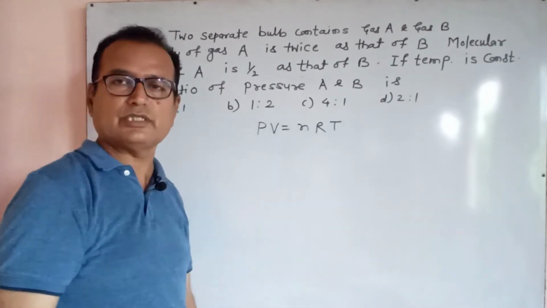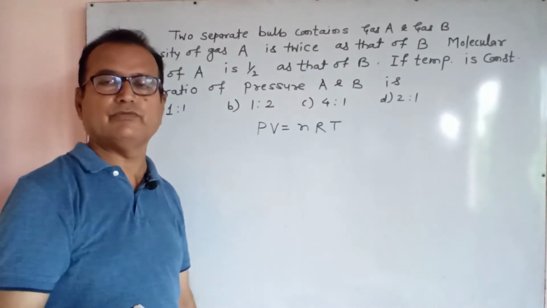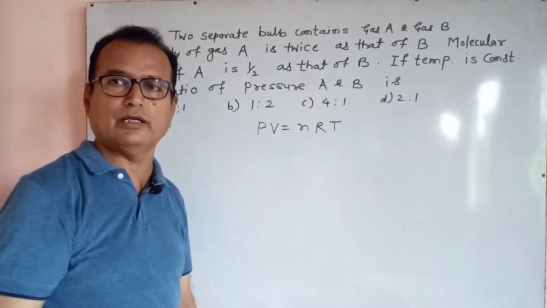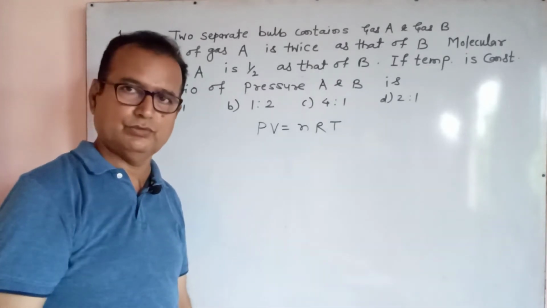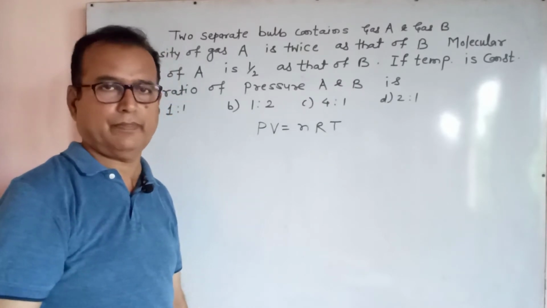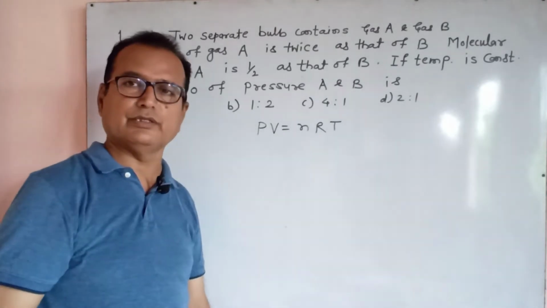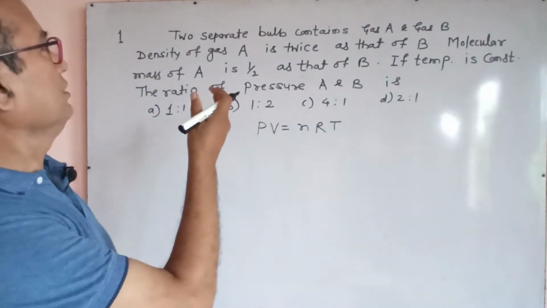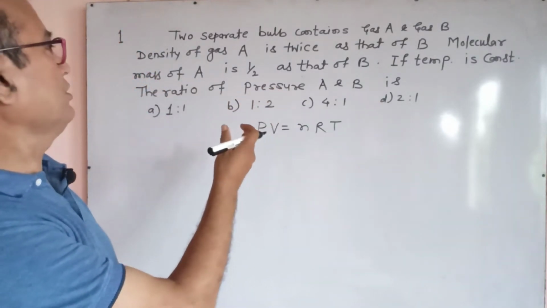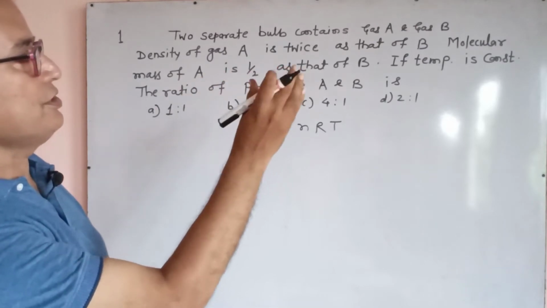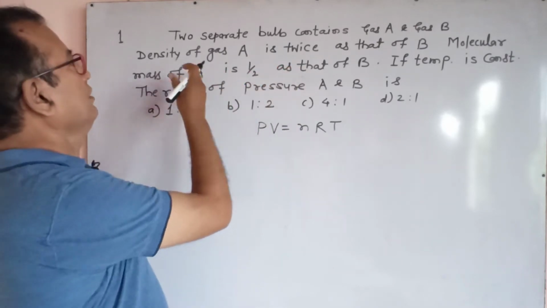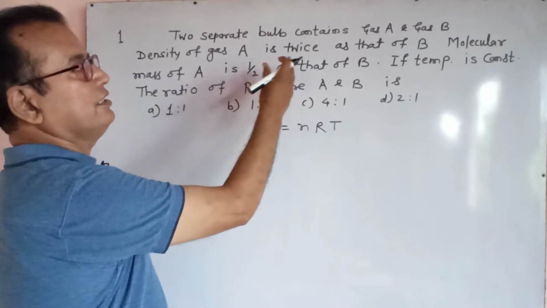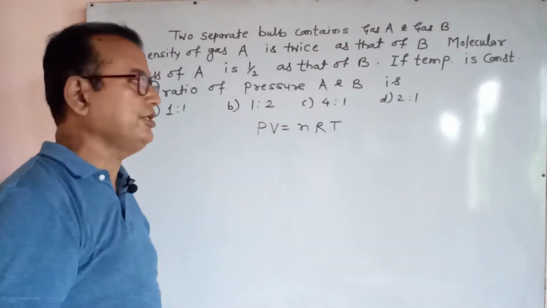R is the gas constant, that is 8.314 joule per Kelvin per mole or 0.082 liter atmosphere. Then the temperature. Temperature is not given, only the density of gas A is twice that of the density of B.